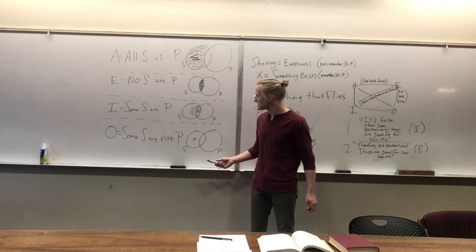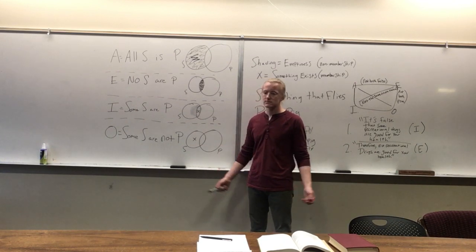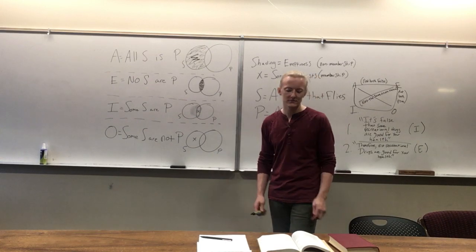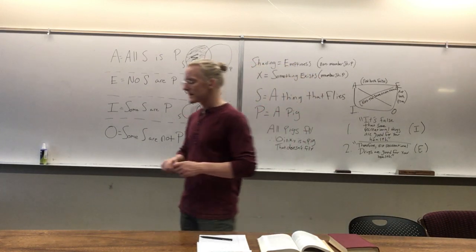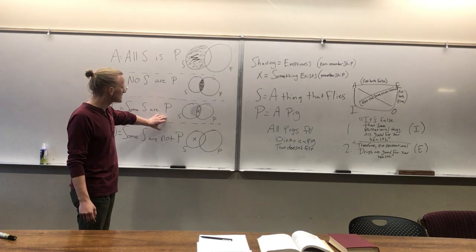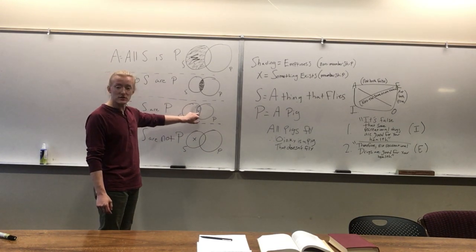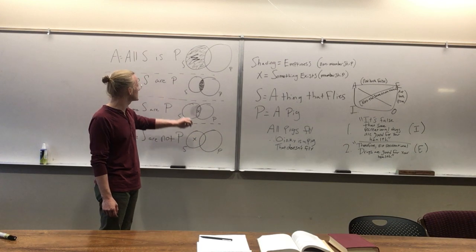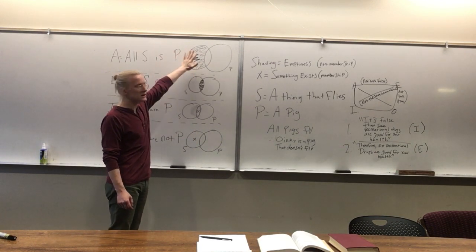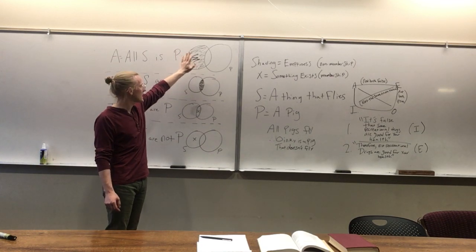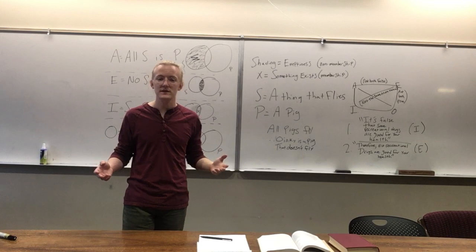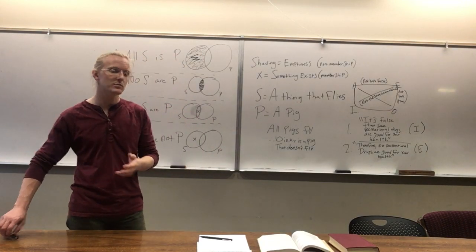Rather, what we're saying is just that something exists that isn't a pig but it flies, maybe a bird, right? And so what we get with our existential claims is the indication that there is at least one thing that has these properties, and what we get with our universal claims is that it's impossible for any subject to have these kinds of properties, either both S and P, or just an S, or just a P.